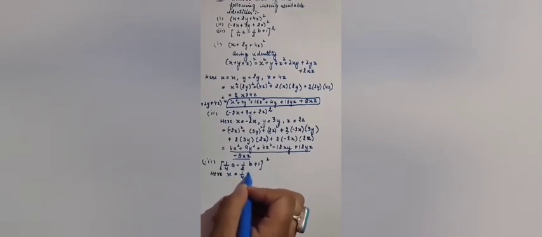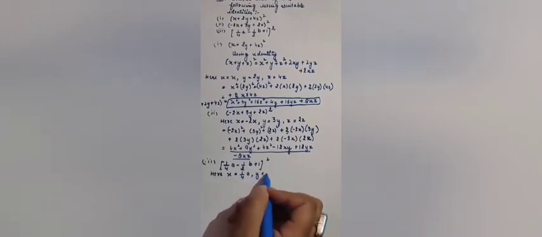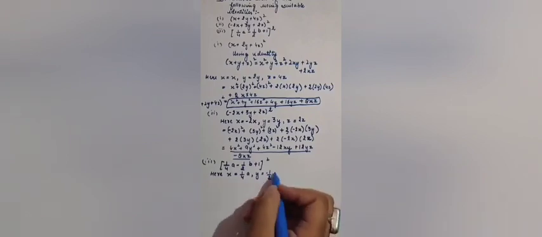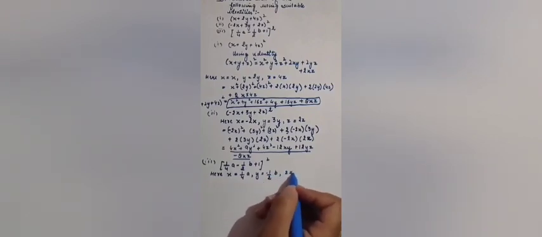So here x is your 1 by 4a, y is your minus 1 by 2b, and z is your 1 here. Okay, so again using identity, let me write down the identity again.